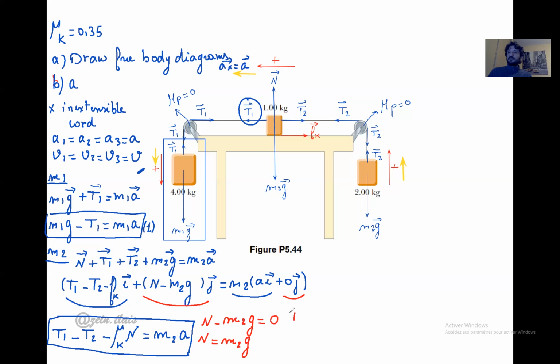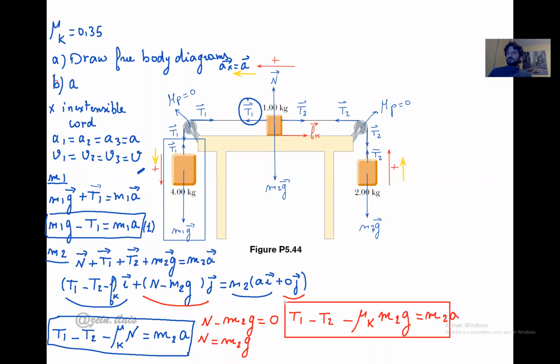We have T1 minus T2 minus mu kinetic N. We can substitute the value of N here. We get M2g equals M2A. Okay, this is the second equation here.